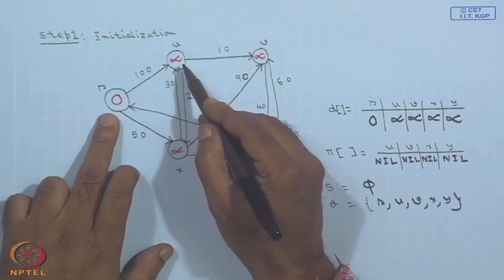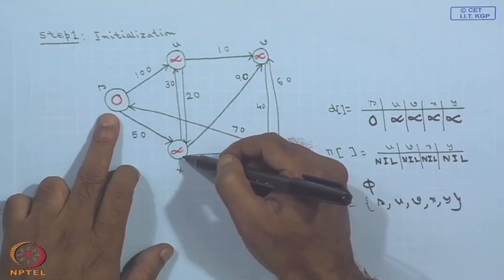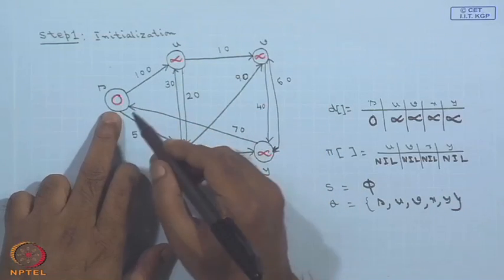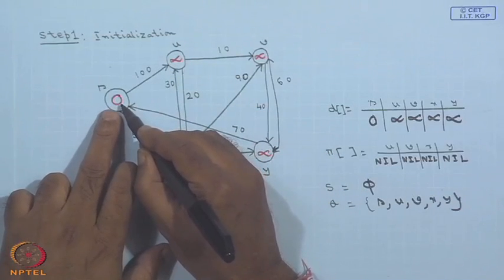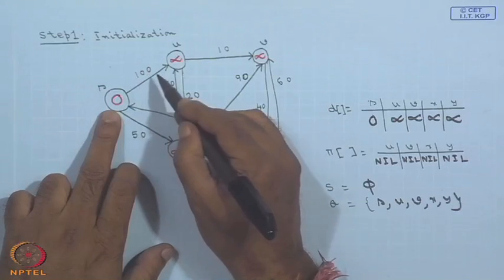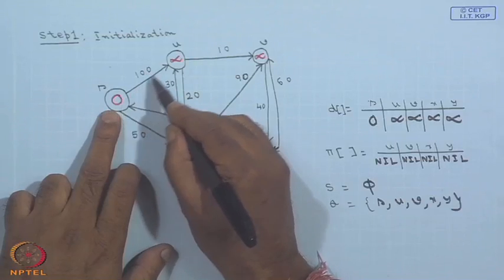Now what I have to do is find the distance of u and the distance of x. What is the distance of u? The distance of u is the value of vertex S plus the weight of moving from S to u.